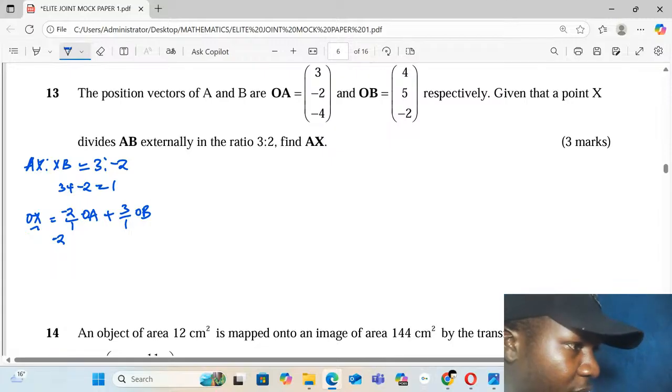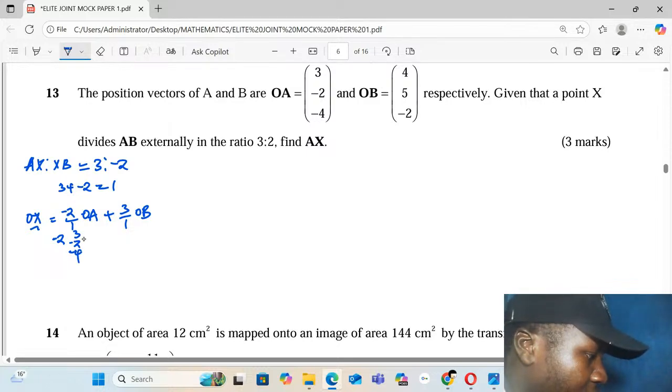That is now OX. So we have negative 2 times OA. Our OA is here, (3, -2, -4) that we are given there.